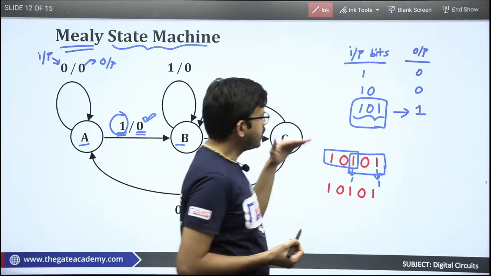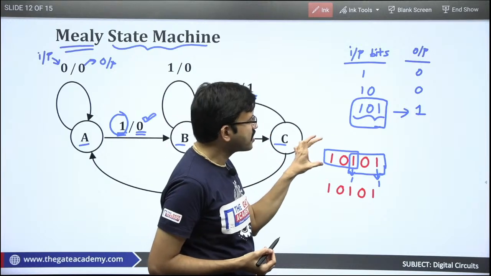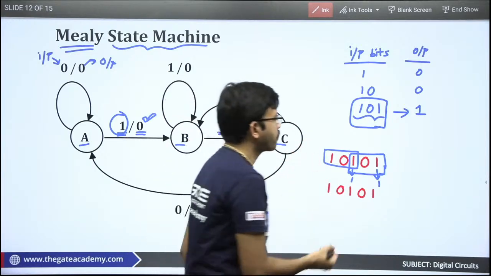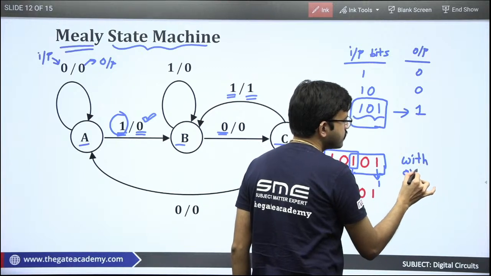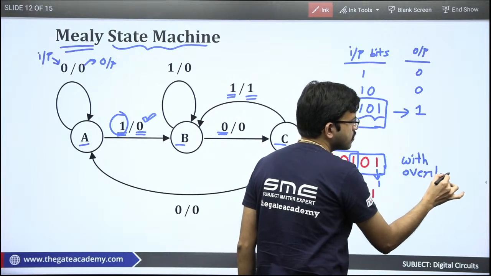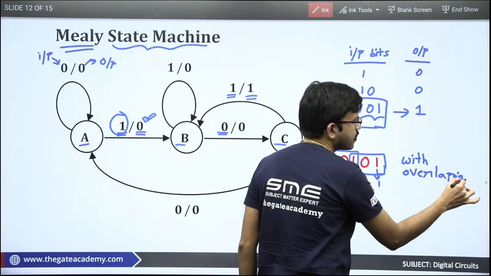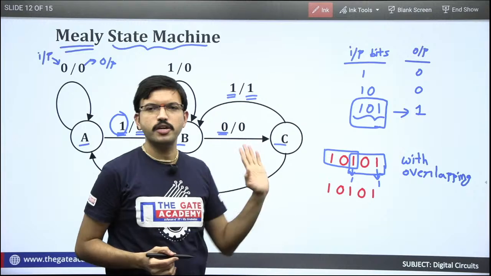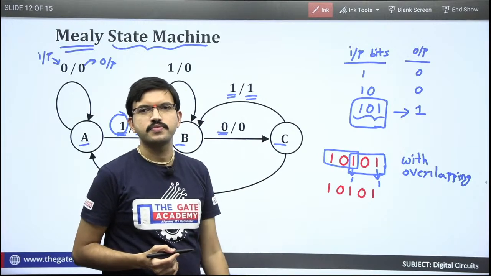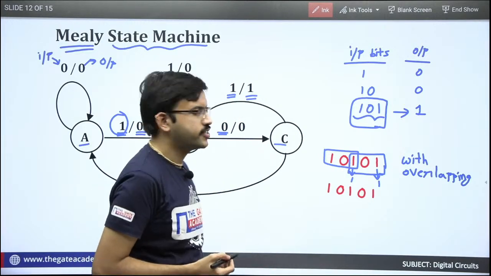So that means if the sequence detector is detecting a sequence of bits with overlapping, this is the case with overlapping. So 2 times you will get output as 1. For the remaining cases you will get output as 0. Yeah, very good Smith, very good.